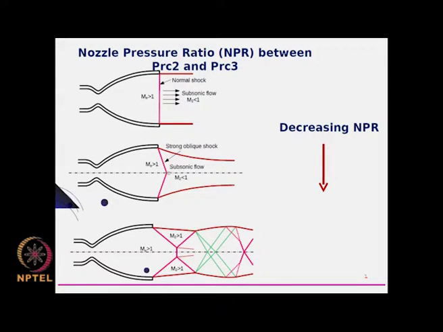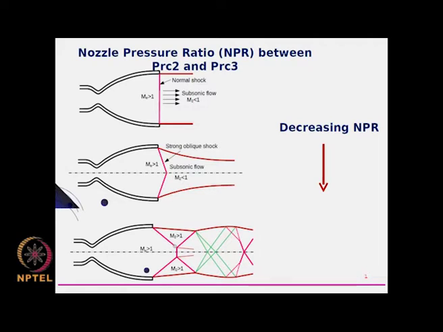And your Mach number after the shock is typically less than 1. But if you keep reducing the pressure ratio PB by P0, then I have a reflection shock like something like this. So, your shock is pushed further down.